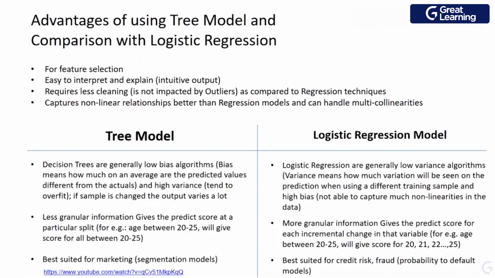What variance means is how much variation you will see in your prediction when you're using a different training sample. For example, let's take the case where we are trying to predict the credit score of a particular person.